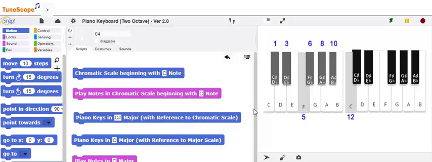That's because each key has the same ratio to the next key. So C to C sharp, to D sharp, and so on, E to F sharp, E to F. In each of these cases, the ratio of the frequency of the first note to the frequency of the second note is always going to be the same because of the way the keyboard is laid out and the way the scales are laid out.